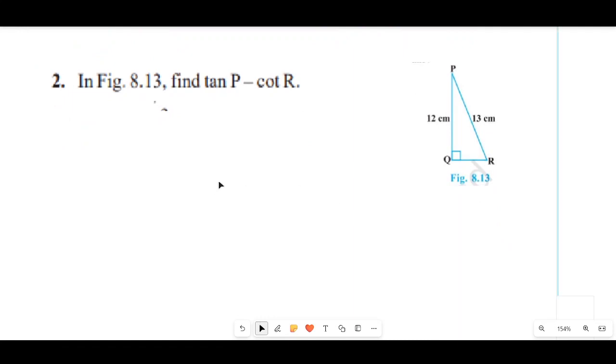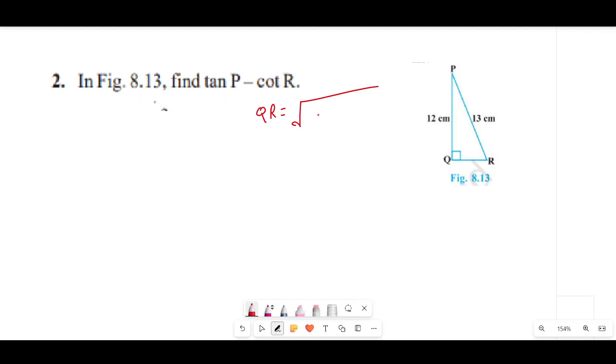Here in question 2, in figure 8.13, find tan P minus cot R. Here we have 12, 13, but I don't have information about QR. Then first we should find the value of QR.